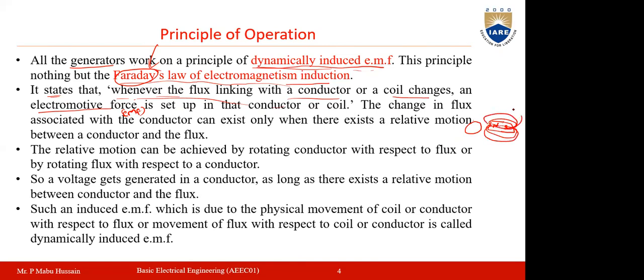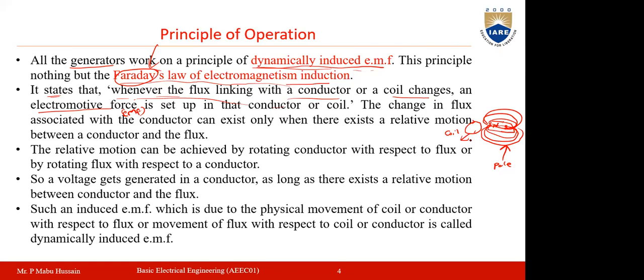Now he fixed the pole and moved only the coil, or conductor. So you are not going to move the pole, you are going to move only the coil. Continuously he moved it inside the magnetic field, and in such a condition he observed that current flows in the coil or conductor.